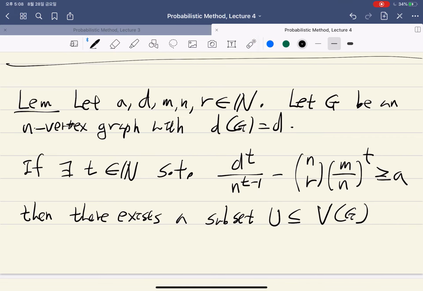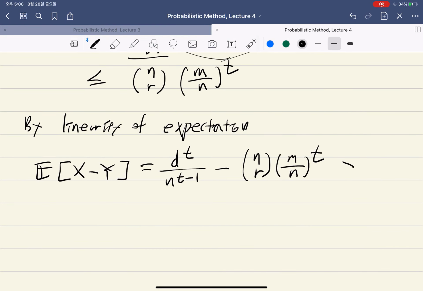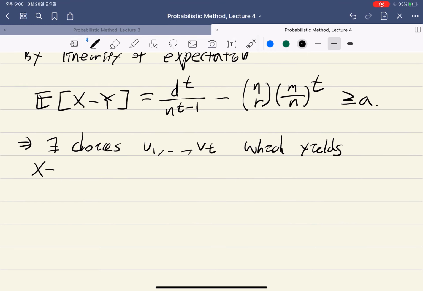And this says that this is at least A. So this implies that there exists a choice B1 to BT, which yields X minus Y at least A.